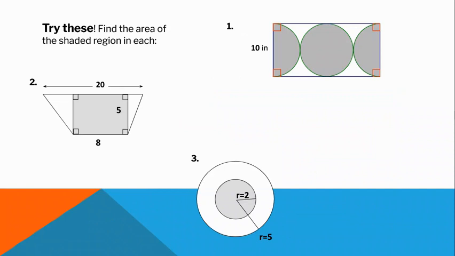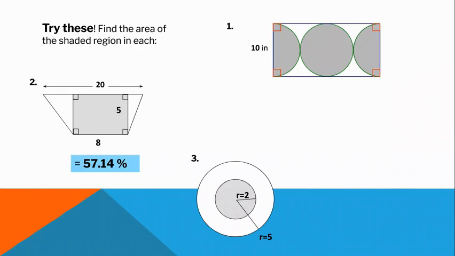So try these and see how you do. Pause the video, try these three, see if you get the same answer that I do. The first one is a trapezoid, and I'm going to find the area of the trapezoid, and that'll be my total.